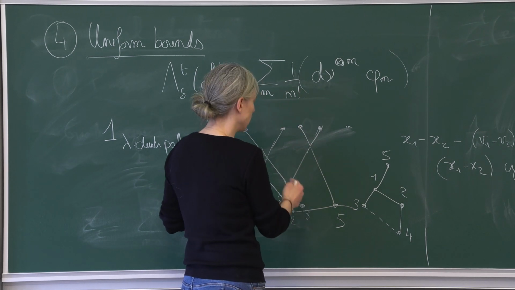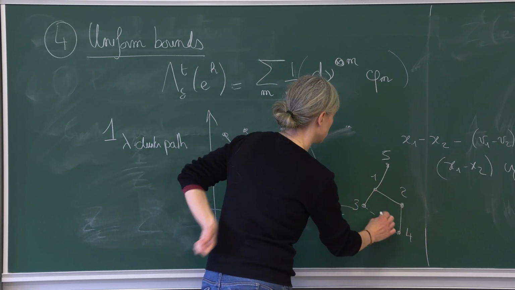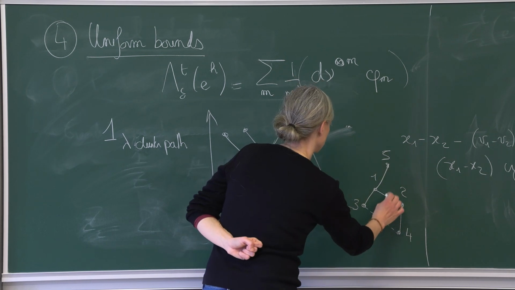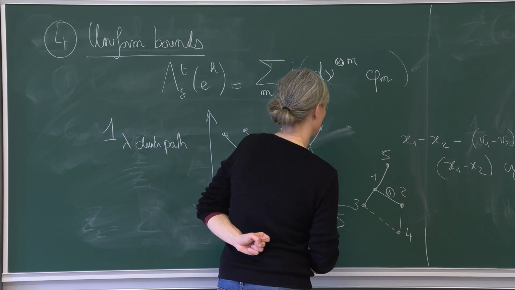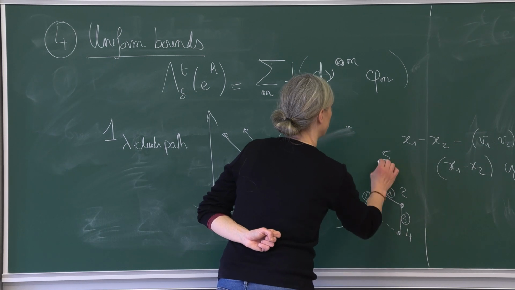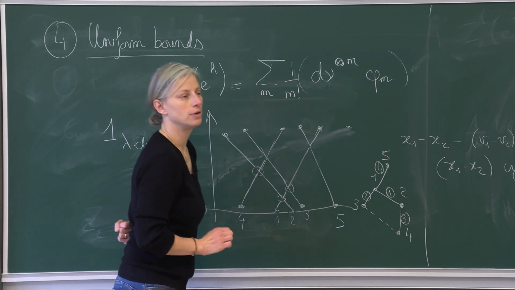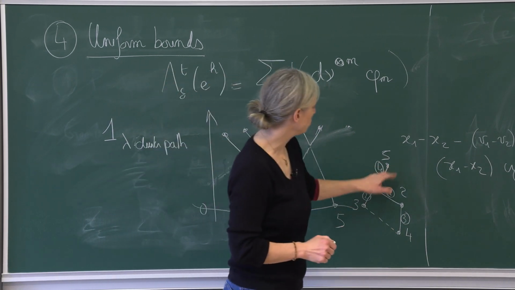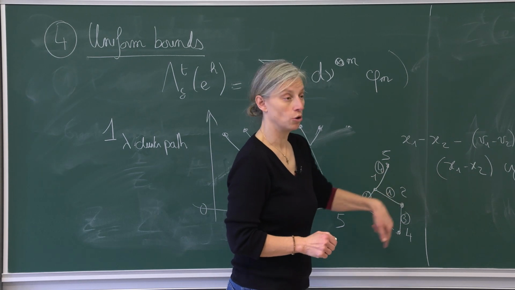Because now I know that this is the first collision, then the second collision is this one, then the third one is this one, and the fourth one is this one. So now I have to sum over all possible trees with a time order.